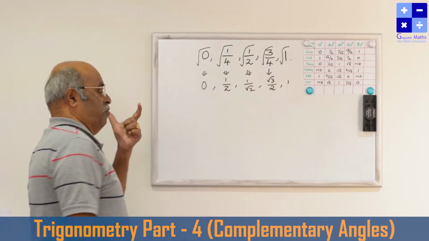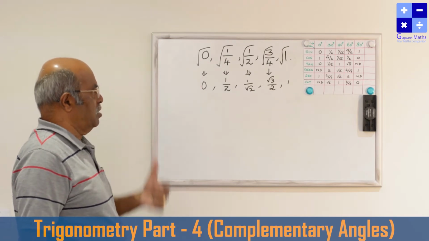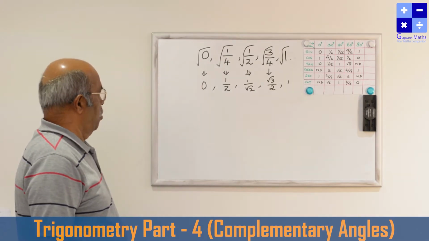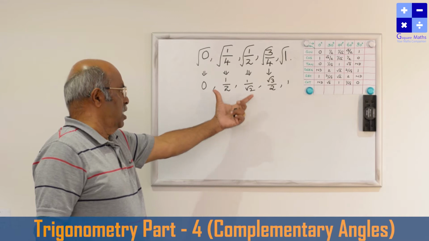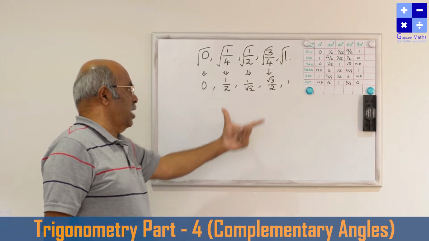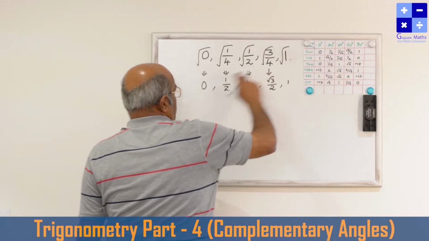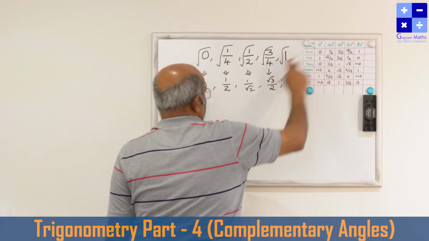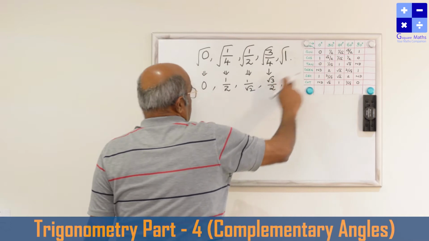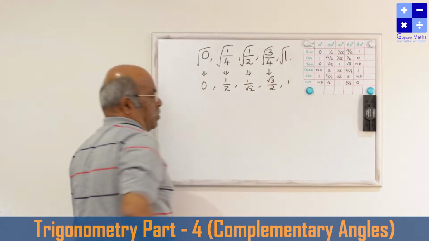So I am having 5 values for 5 angles for the trigonometric ratios. What I have to do is take all these 5 values as they are and put them in the 5 boxes here. 0 comes here, half comes here, 1 by root 2, root 3 by 2 and 1.